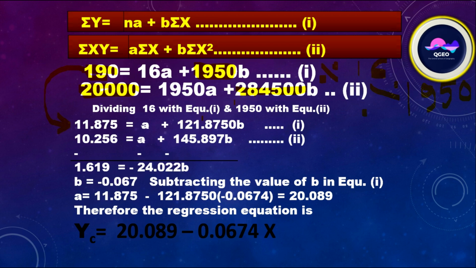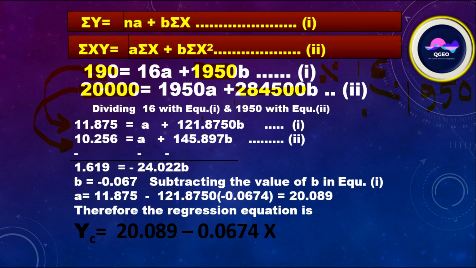This will become 11.875 is equal to a plus 121.8750 b in equation number 1, and in equation number 2 it will be 10.256 is equal to a plus 145.897 b.